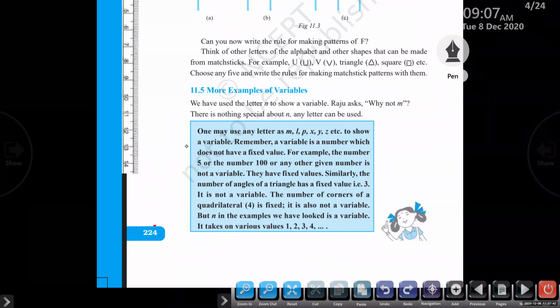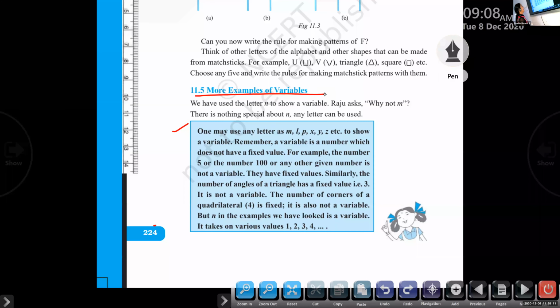So you can write this box. Okay, now you understood it properly. What is a constant and what is a variable? Ma'am, we should write that table also. Yes, that table you have to write. More examples of variables, and draw the table.